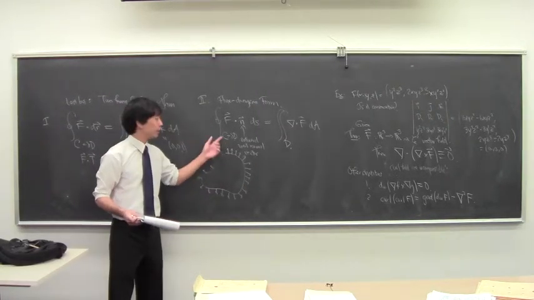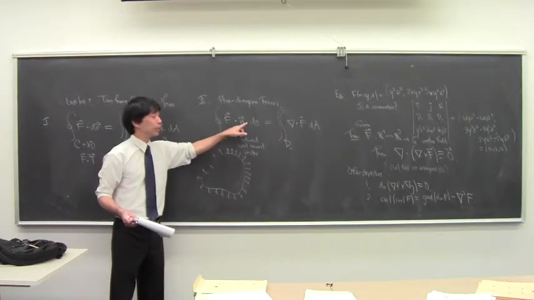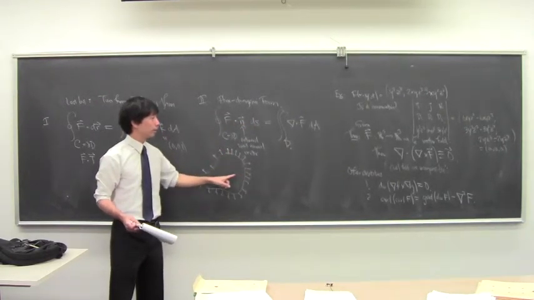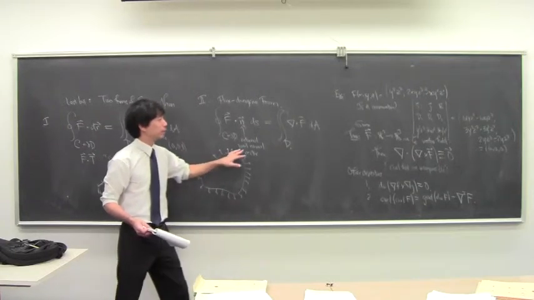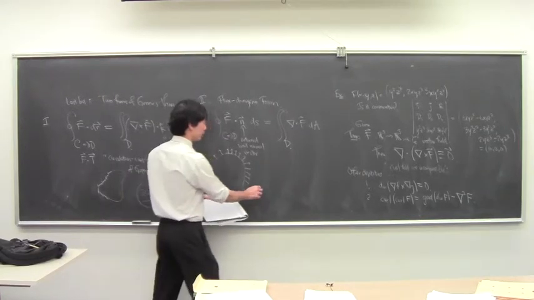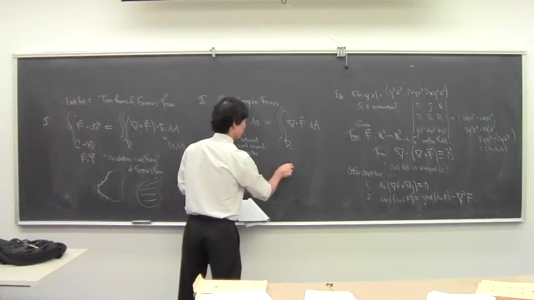You take F and dot it against each of these, and then you take the integral of that against arc length. That turns out to be the same thing as the integral of the divergence.